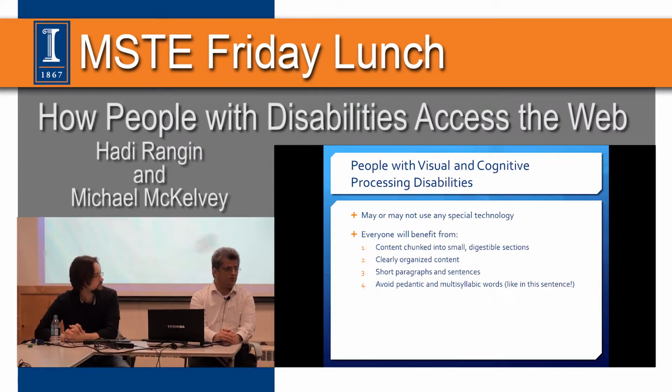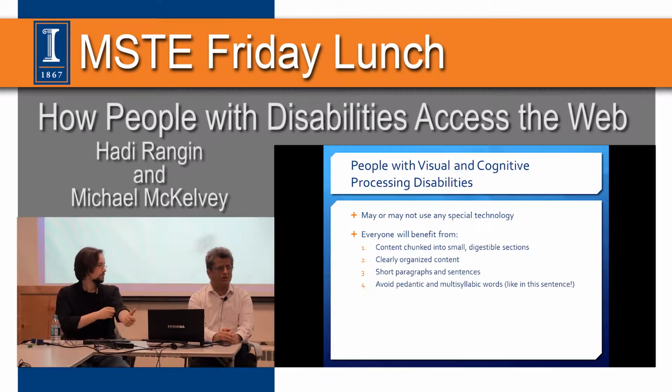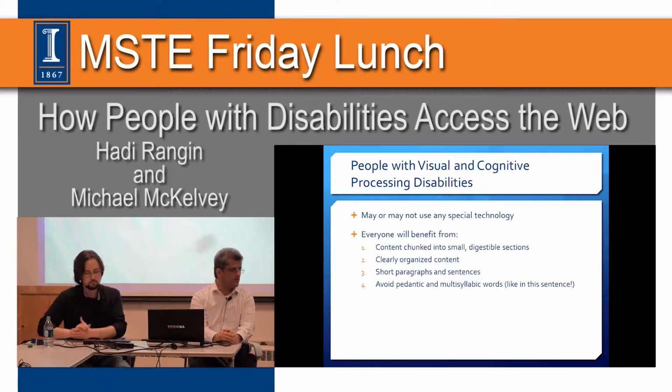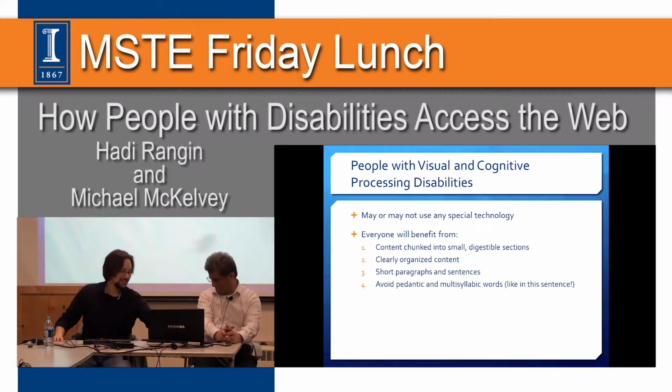So a lot of these disabilities are hidden, so you don't see them. So there might be among you in your class, but they are invisible. Their disability is invisible.